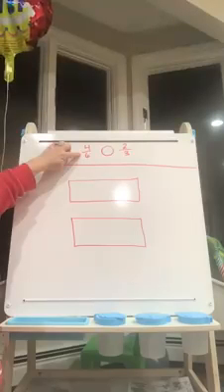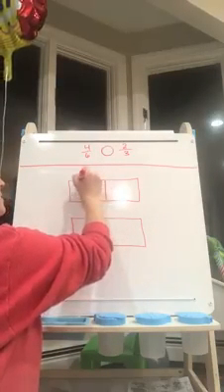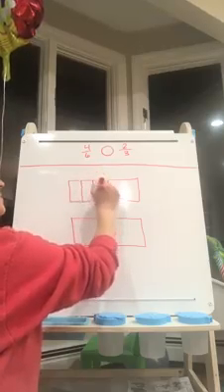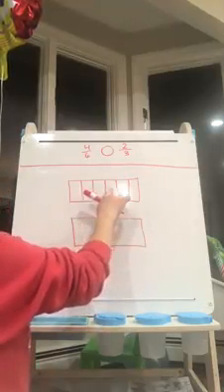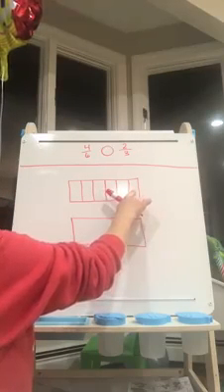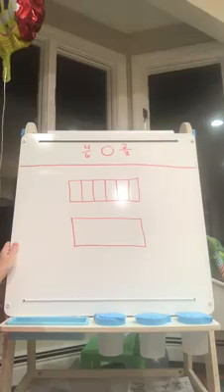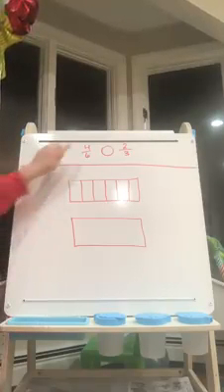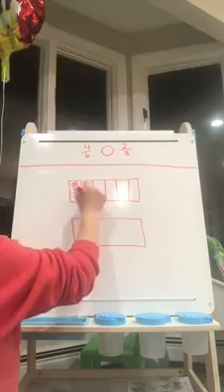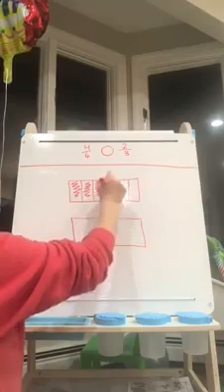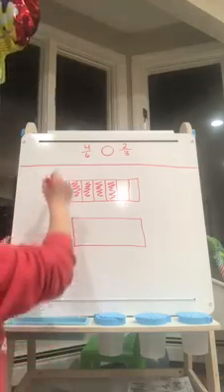So again, I need to divide this into 6 equal spaces. Let's make sure. 1, 2, 3, 4, 5, 6. How many spaces do you think I should shade in to show this fraction? That's right, I need to shade in 4 of them. 1, 2, 3, 4. This now shows 4/6.